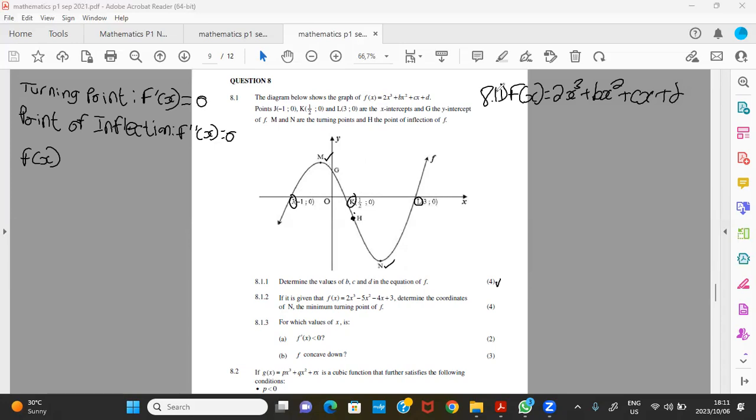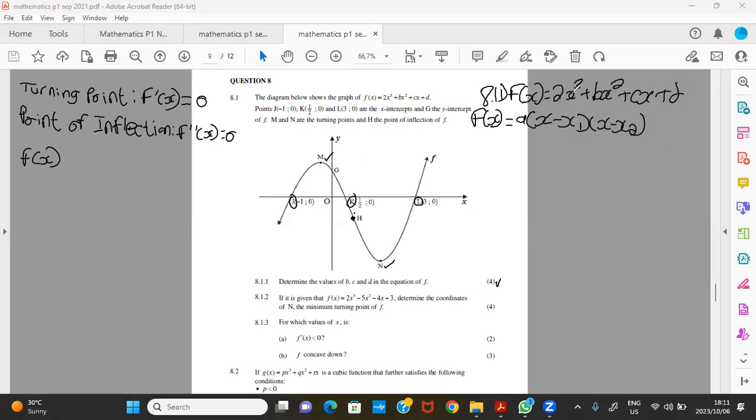I'm sure you are familiar with this equation that I'm about to show you. f of x equals a times x minus x1, times x minus x2.